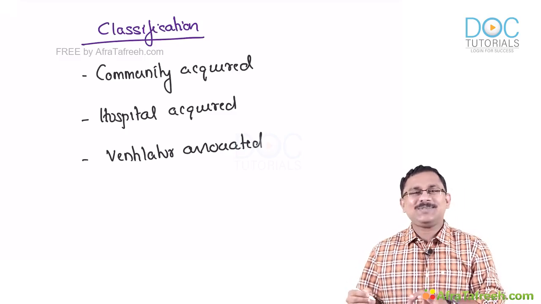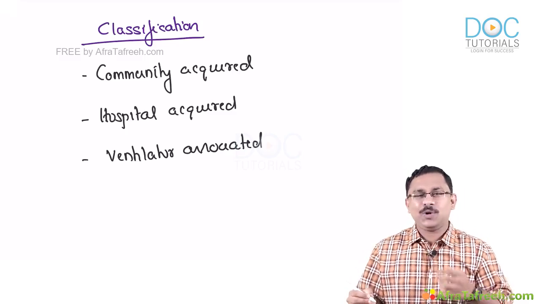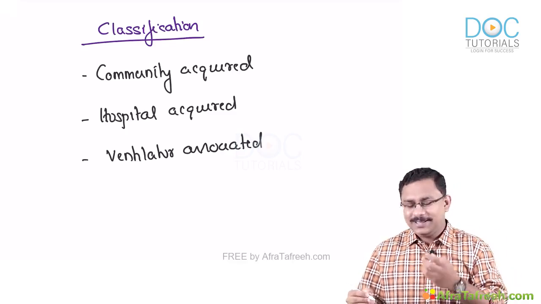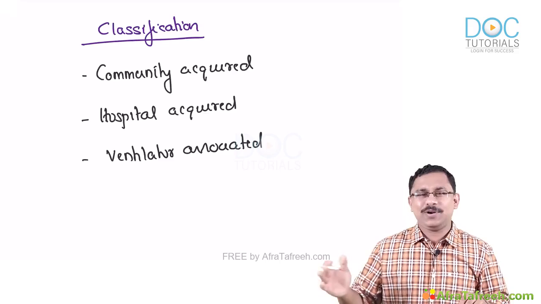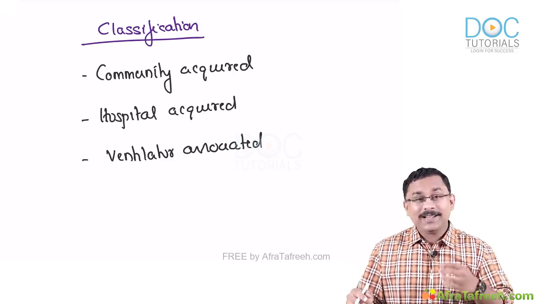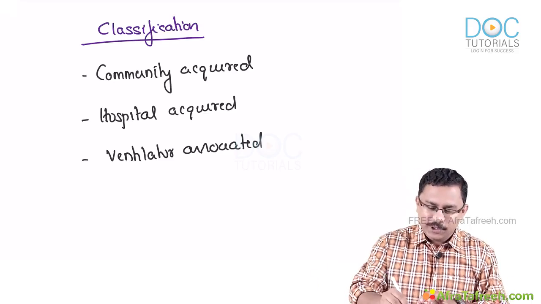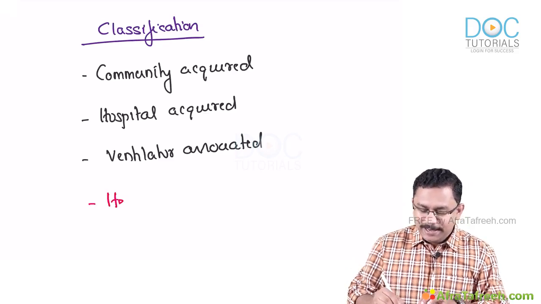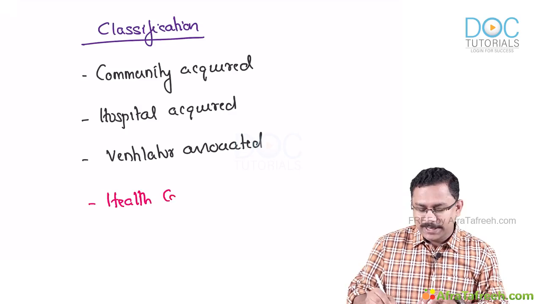So all these terms are actually self-explanatory. You know, the pneumonia that you acquire from the community, the hospitals, and a ventilator associated pneumonia. Okay, now there is another fourth classification, that is your healthcare associated pneumonia.